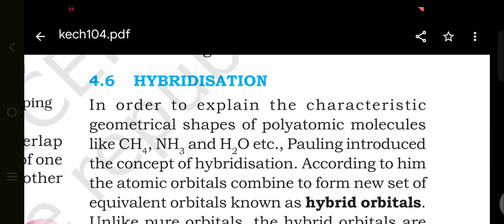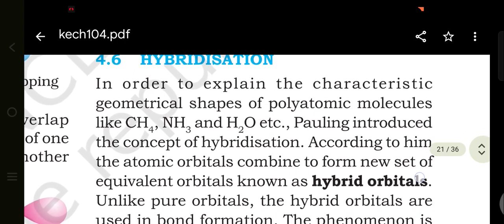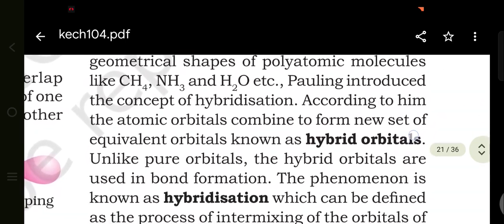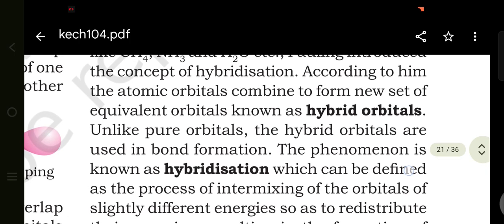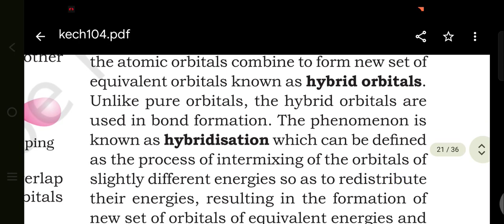Hybridization. In order to explain the characteristic geometrical shapes of polyatomic molecules like CH4, NH3 and H2O etc., Pauling introduced the concept of hybridization. According to him, the atomic orbitals combine to form a new set of equivalent orbitals known as hybrid orbitals. Unlike pure orbitals, the hybrid orbitals are used in bond formation.